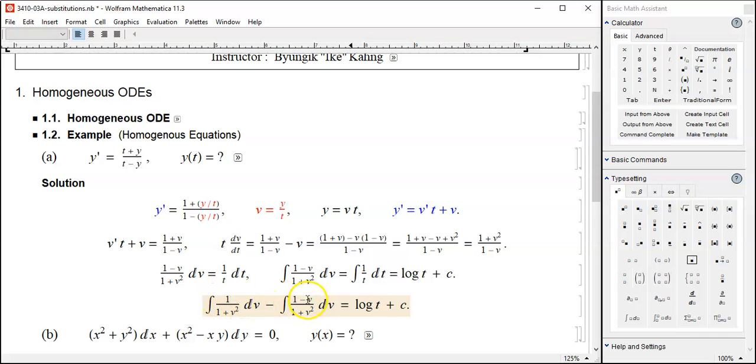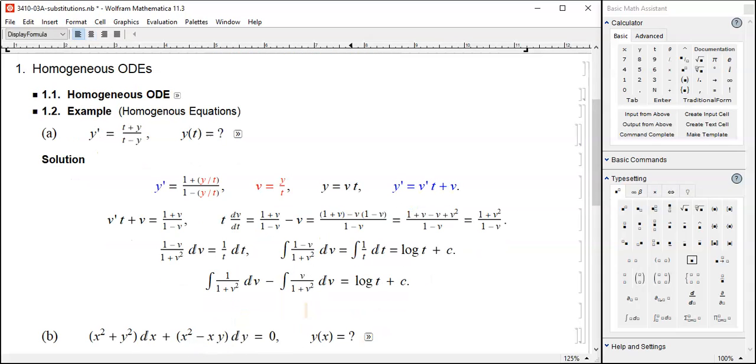This minus that. Now, what is this integrand? What's the first integral? It's arctangent. So this will give me arctangent of v.